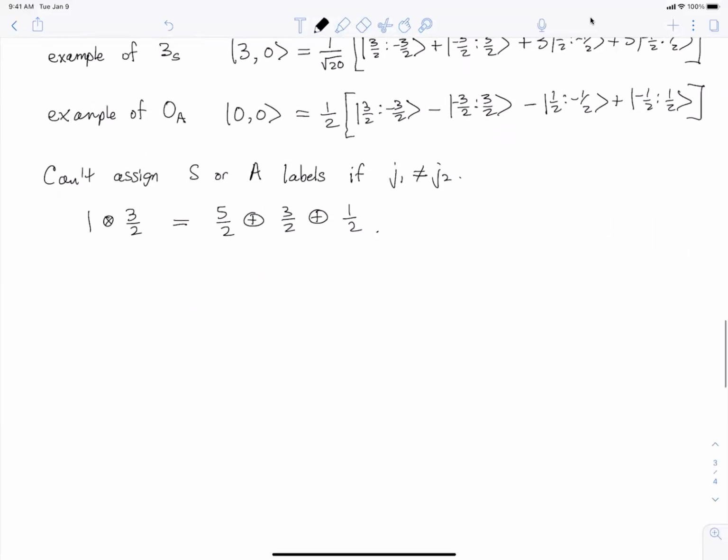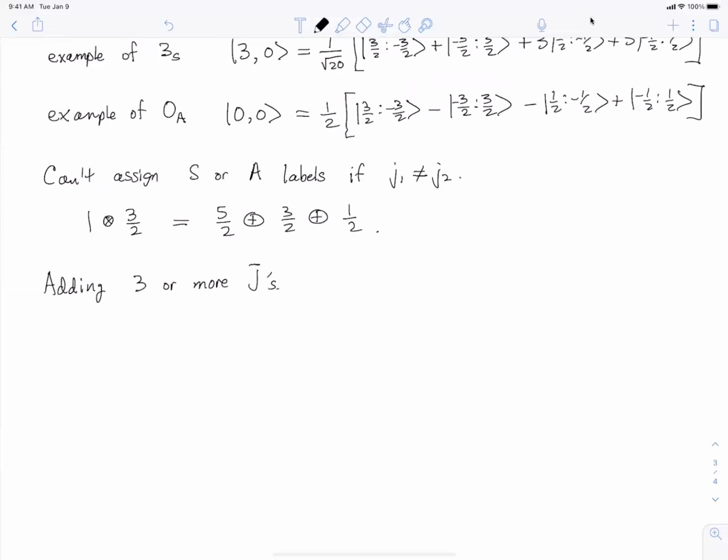Okay, another thing that you can do is you can use these tensor products recursively to add 3 or more angular momenta.